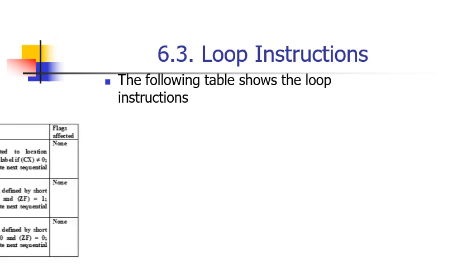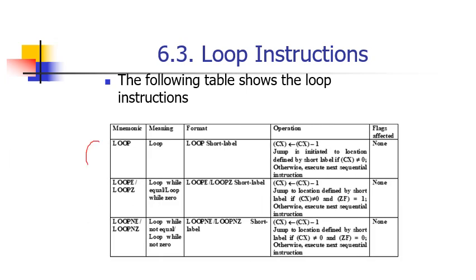All right, and this table shows the mnemonic code of the loop instructions. And remember, they are all of short type. So you don't go away from where you are by more than 128 bytes backwardly and 127 bytes forwardly. And each time you do an iteration, you decrement the value inside your Cx.